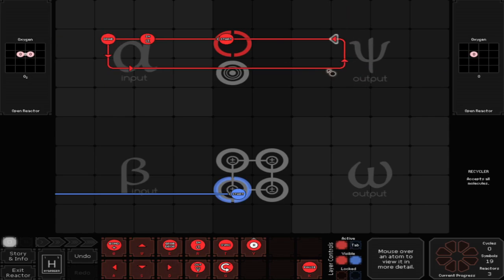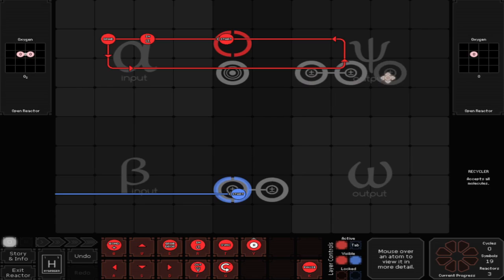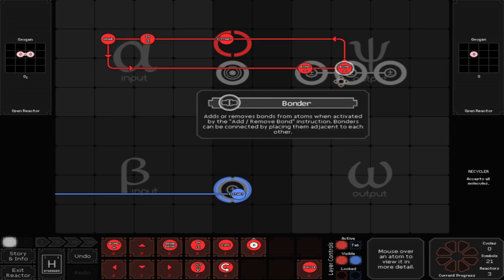Actually, if Red's going to be the one that trumps off the oxygen, he's going to have to break things apart. And I think I see a clever way of doing this. I put 3 bonders in a row right here and tell Red to break the bonds on these 2.